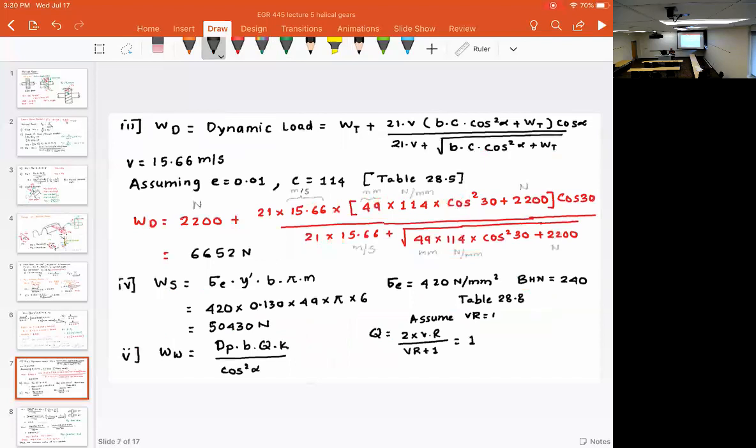This B value also appears in the dynamic load equation, so there is one more iteration needed just for checking. That's a very thick gear.